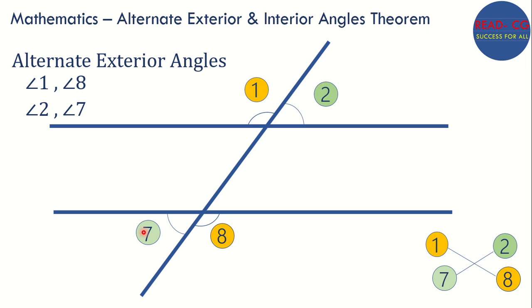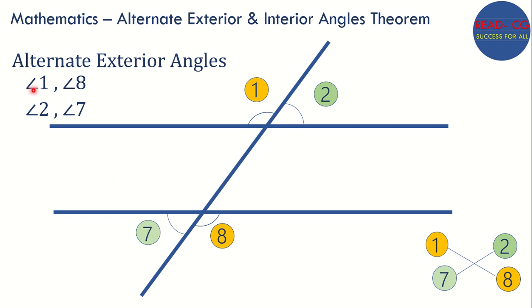Now comes angle 2 and angle 7, these two angles are known as alternate exterior angles.